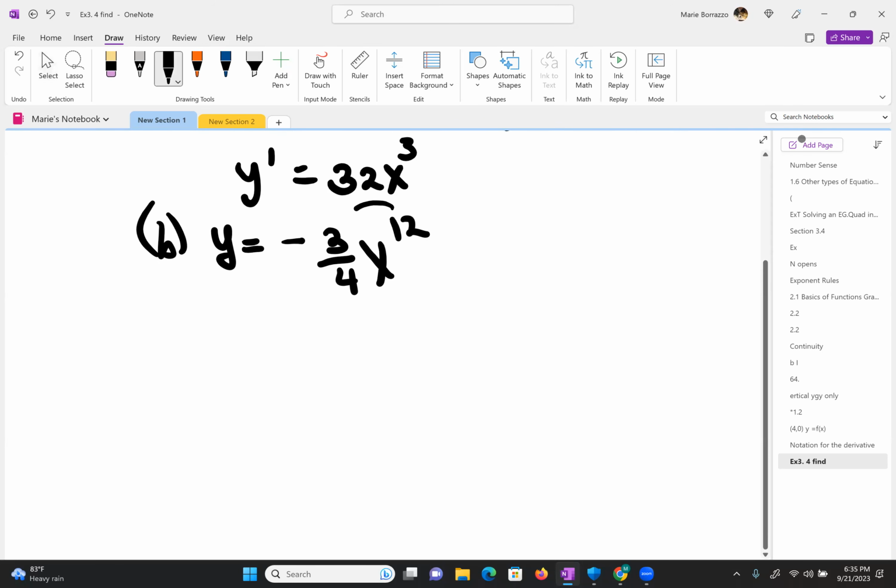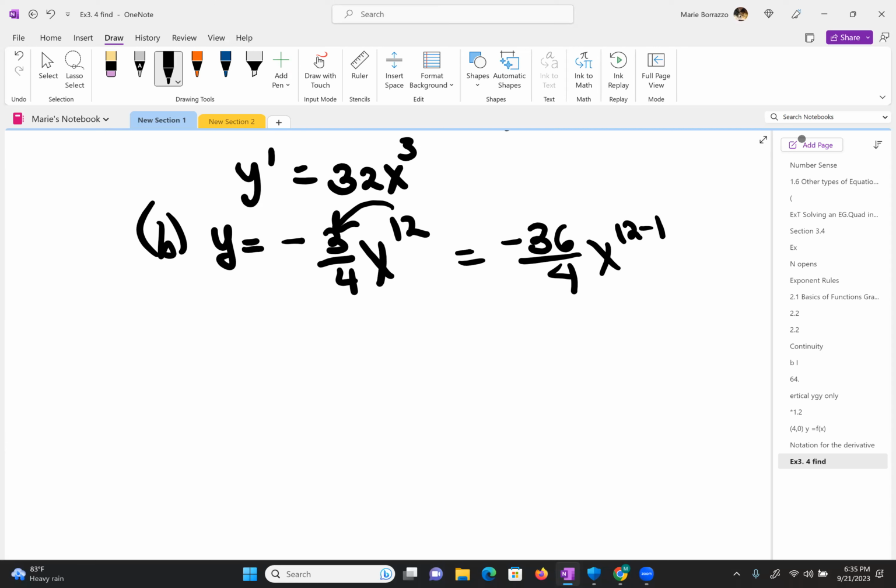If I'm multiplying 12 times 3, I am going to end up with negative 36 over 4 x to the 12th minus 1. How many times does 4 go into negative 36? Negative 9. Negative 9 x to the 11th. And that is the value of your first derivative.